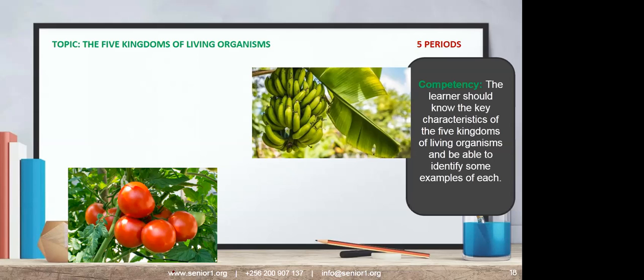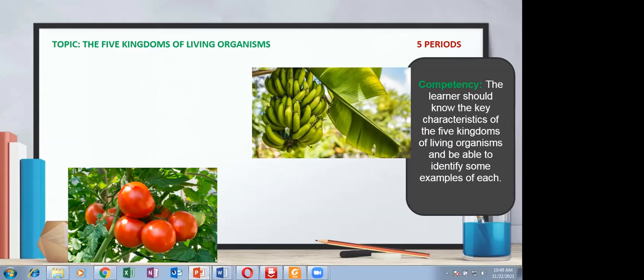And you tell us, what do you think is the next kingdom by looking at those pictures? Yes, Isabella. Plant kingdom. Isabella says plant kingdom. What about you, Ellis? The plant kingdom. Okay, thank you, Ellis and Isabella.